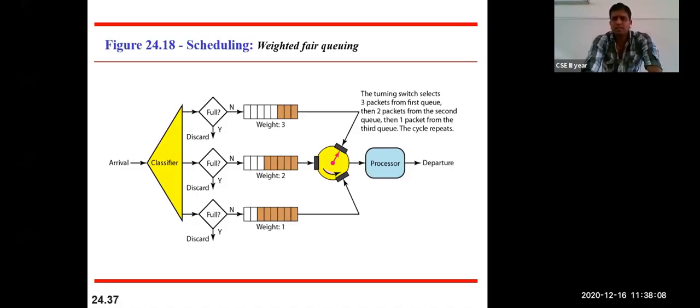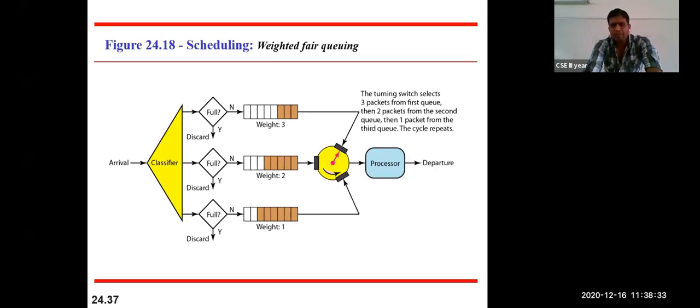According to the priorities, the incoming packets are queued into either 3, 2, or 1. The difference between priority queuing and weighted fair queuing comes here. Instead of executing all the packets in the highest priority queue, it will not.